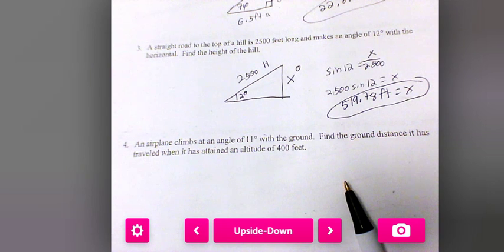I'm just giving you a minute to write this down, so you should try to draw this triangle right now. You should silently try to draw this triangle right now.